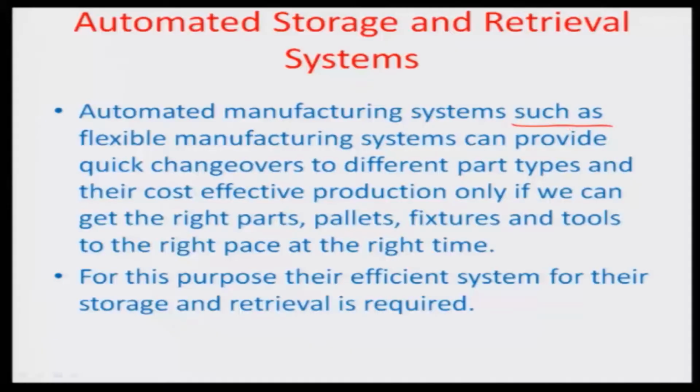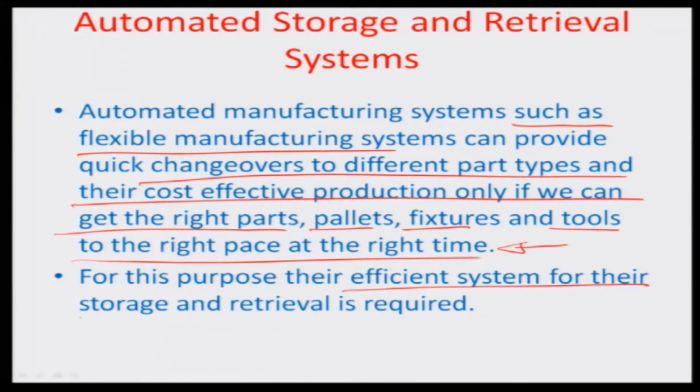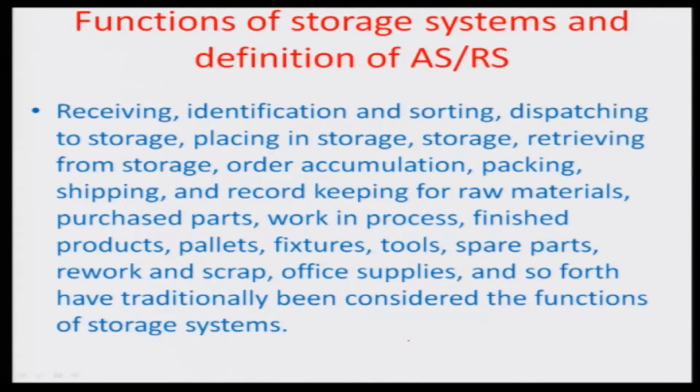Automated manufacturing systems such as FMS, flexible manufacturing systems, can provide quick changeovers to different part types and cost effective production only if we can get the right parts, pallets, fixtures, tools, etc., to the right place at the right time. For this purpose an efficient system of storage and retrieval is needed, and by and large if it can be automated it is even better. So, that is why these ASRS systems come into place.